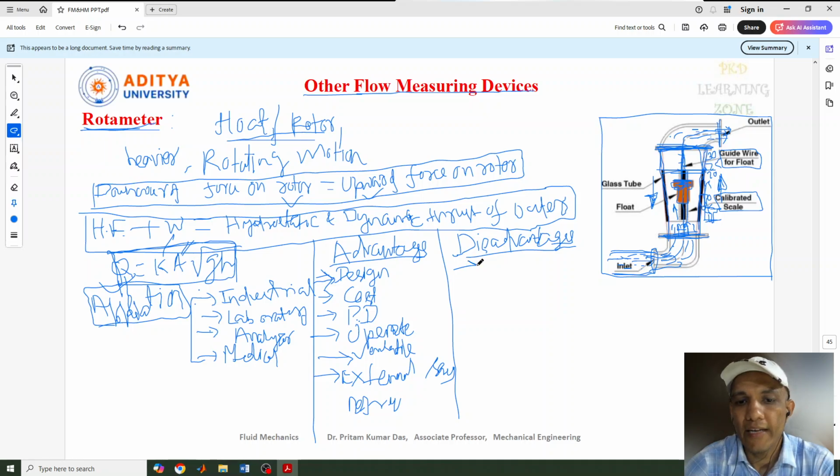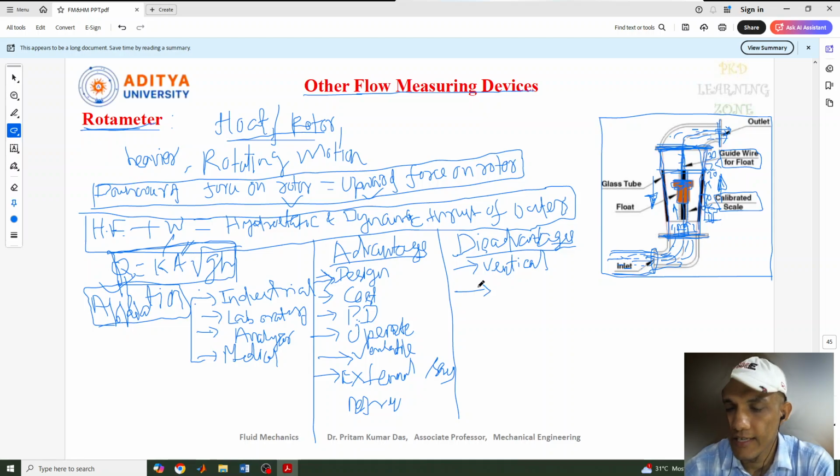And simultaneously there are some disadvantages also. It always needs to be kept in the vertical position. That is one disadvantage I can consider. And this is not suitable for high viscosity fluids; the normal fluid is there now.